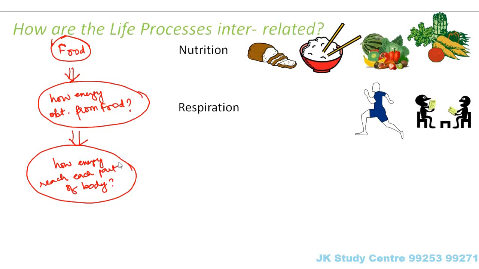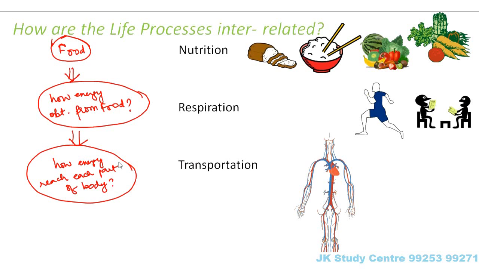So how do we transport the nutrients or the food or the gases to each and every cell? So that is taken care of by transportation. So in transportation, as you can see in this picture, you see that everything is carried to different parts of the body, right? So all nutrients are actually carried in this fashion. So we will talk about transportation in detail in our later slides.